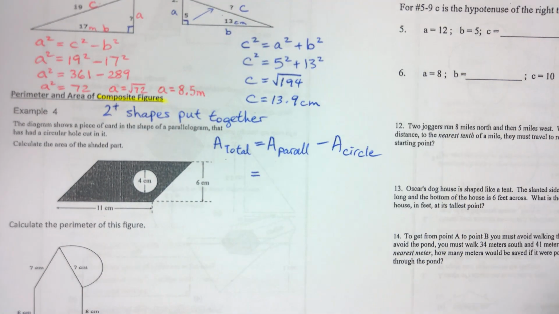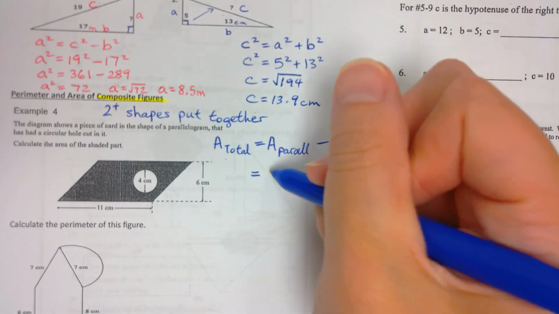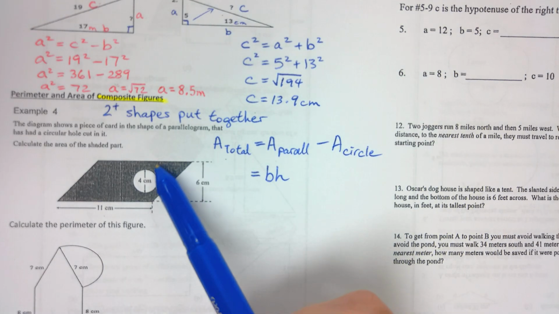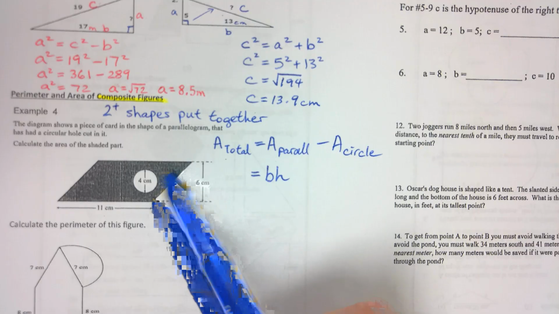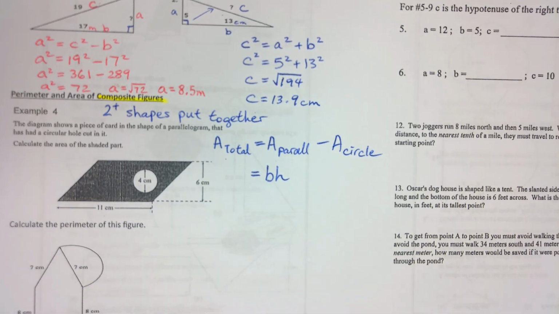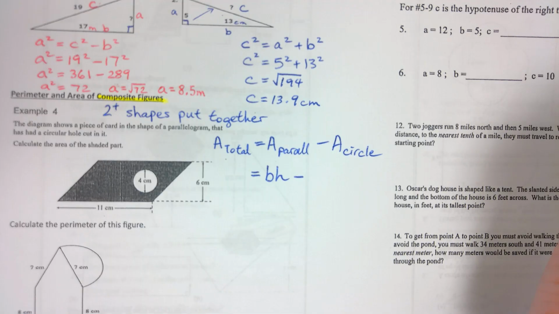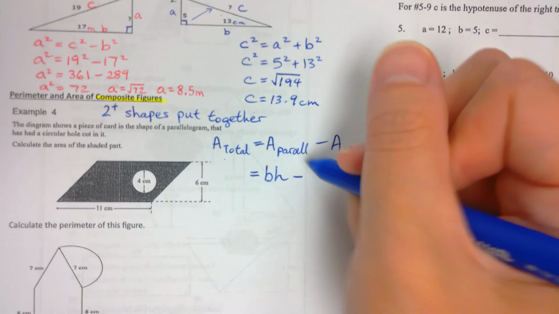Who remembers the formula for parallelogram? John? Yeah, it is. This is actually just base times height, because if you cut this part of the triangle and put it over here, you'll get a rectangle. What about area of a circle? What's the formula for area of a circle? Yeah. It is pi r squared. Good.